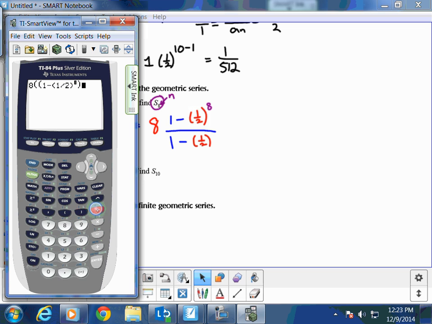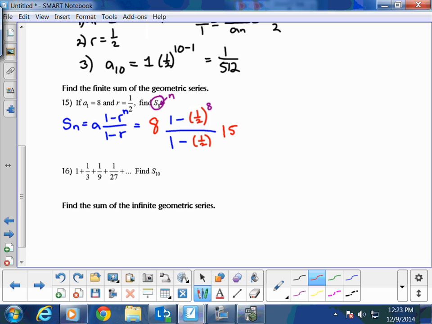Close parentheses there, divided by 1 minus 1 half. Hit enter, and there's my answer, 15.9375. Here's my solution, my answer. This is an easy one to me.